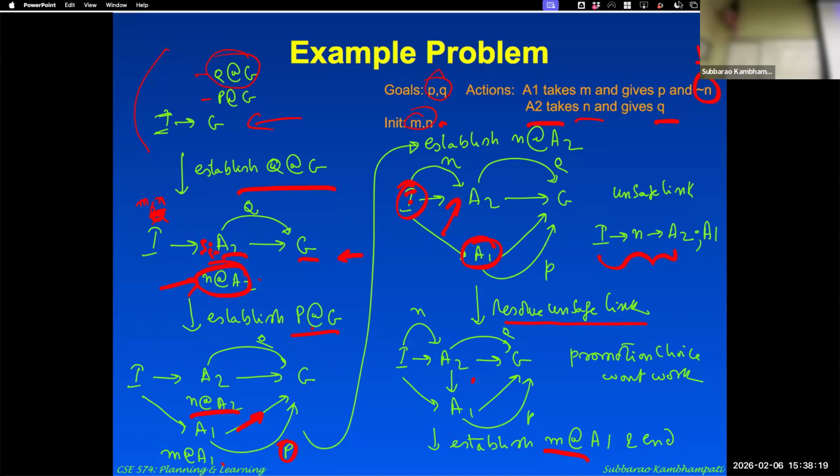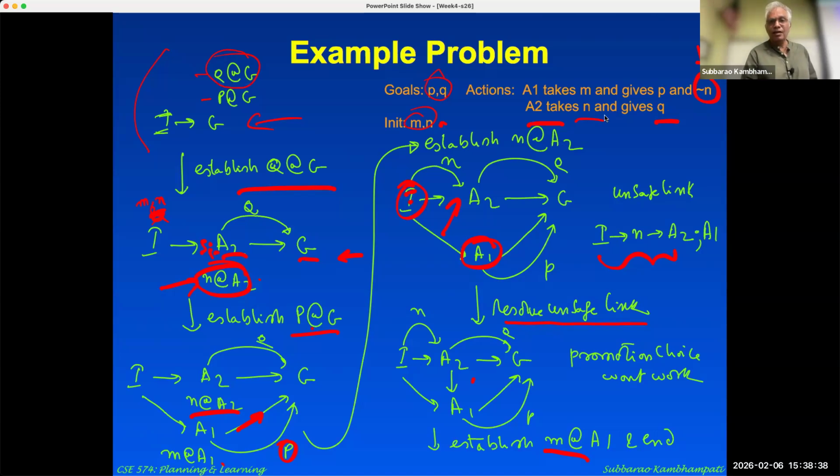I think right now plan space planning is interesting mostly because it makes you think about doing local search on plans. You can start directly with a plan and do local search. And there's another very important thing that I really want you to understand.